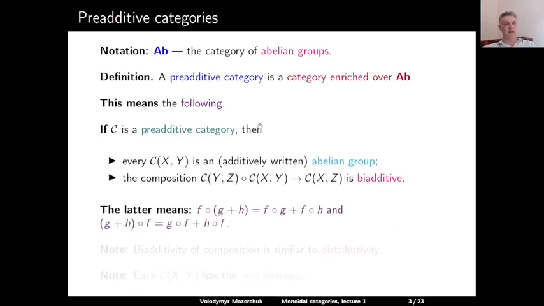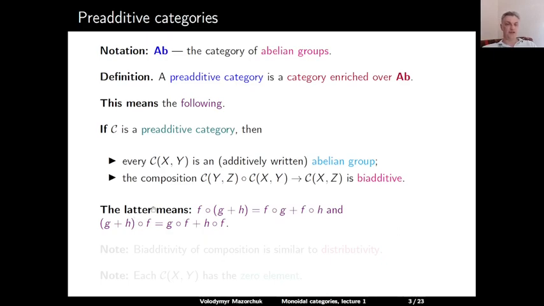This means that if we want to compose a morphism f after the sum g plus h of 2 other morphisms, the outcome should be equal to the sum of the composition of f after g with the composition of f after h.